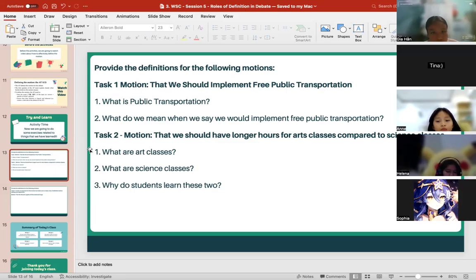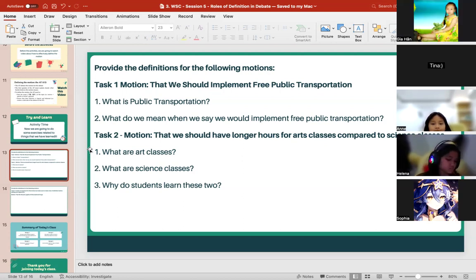And next is why do students learn these two? Let me think. I think that students learn art and science because each subject offers unique benefits and also helps develop different skills that are important for personal growth, creativity, and future success.